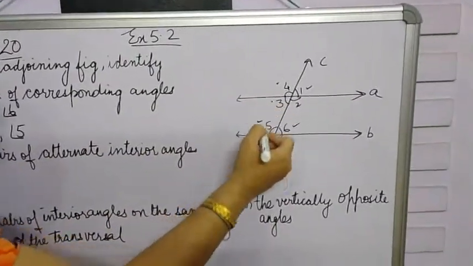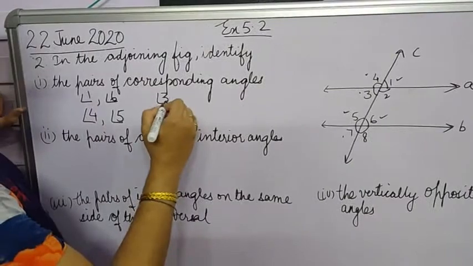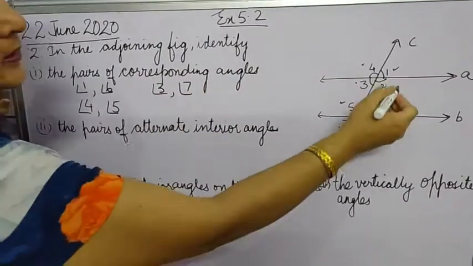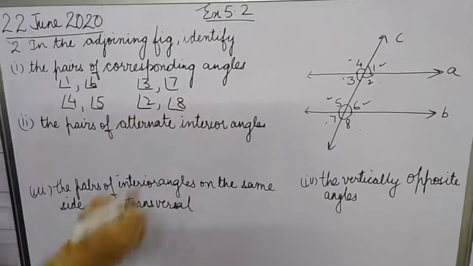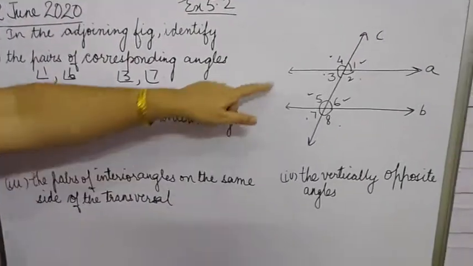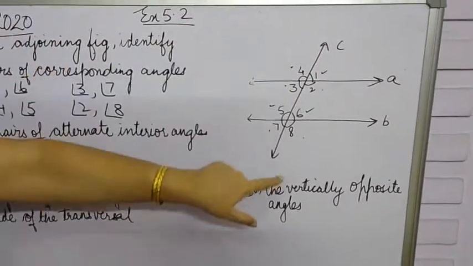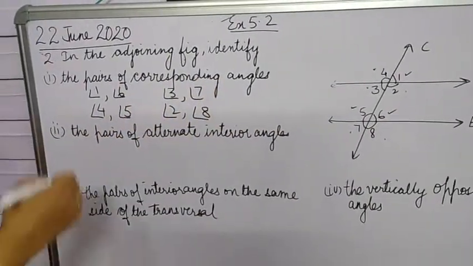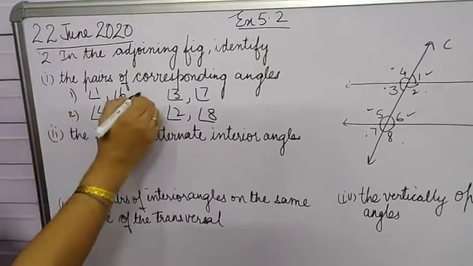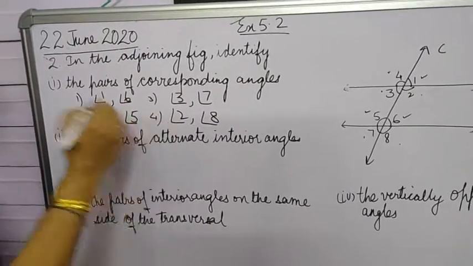Third pair is angle 3 and angle 7. And next pair is angle 2 and angle 8. So whenever two lines are intersected by a transversal, then four pairs of corresponding angles are formed. This is the first pair, second, third and fourth.